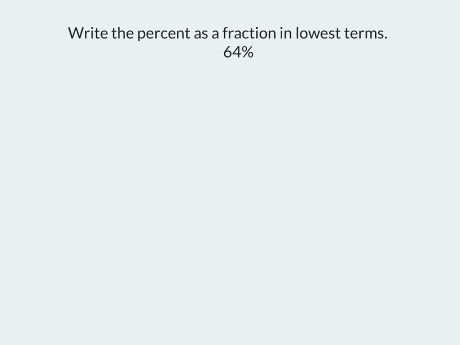Write the percent as a fraction in lowest terms. 64%. Percent means per 100, so we can write percentages as fractions just by placing the number over 100. So 64% equals 64 over 100.